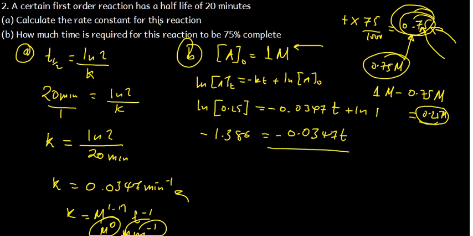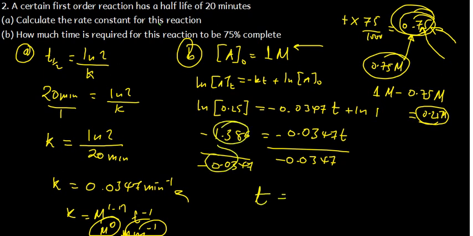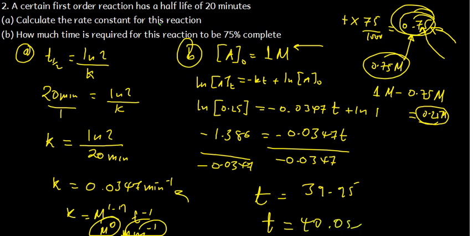So what we are dividing by is negative 0.0347, and this side by negative 0.0347. And so the time, if you divide these two values, will give you 39.95, which approximated is 40.0.